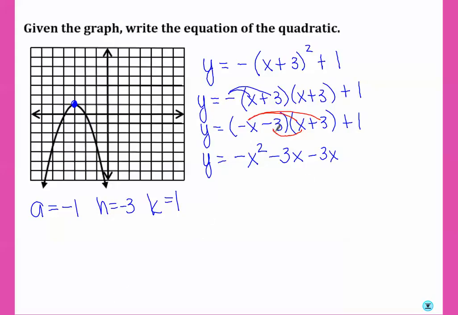And then negative 3 times positive 3 would be negative 9. Bring down the plus 1 on the end. And our last step is to combine all our like terms. So y equals negative x squared. If we combine these, we get negative 6x. And if we combine these, we get negative 8.